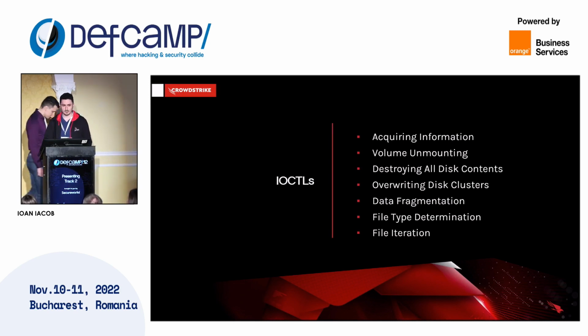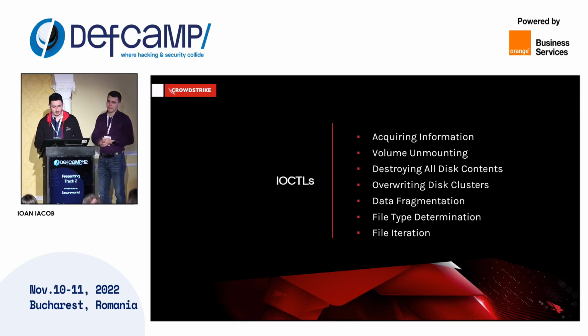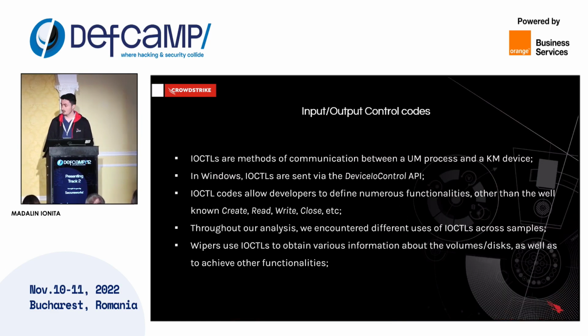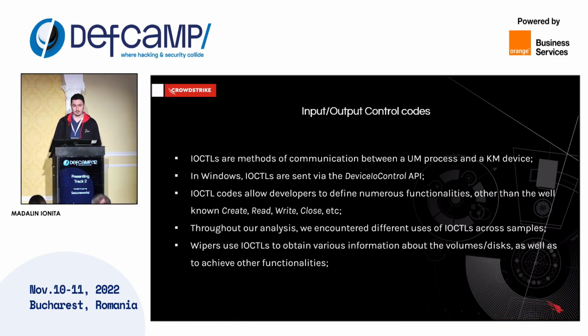So in this part, I will talk about IOCTLs and how they are used in the samples that we've analyzed. First of all, IOCTLs are a method of communicating between a user mode process and a kernel mode device. They are sent via a device I/O control API, and they are used by developers in order to gain extra functionalities from the operating system, other than the well-known create, open, read, write Windows APIs that are available.